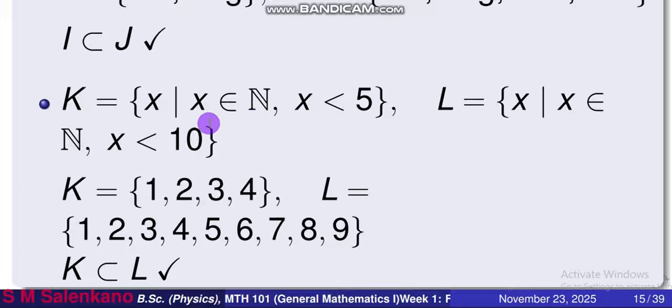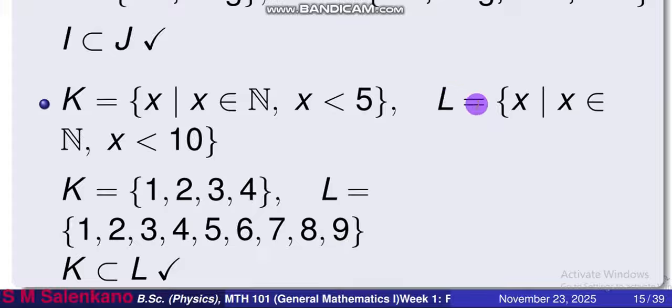So K starts from 1 to 4: 1, 2, 3, 4. 1 is a natural number and is less than 5. So is 2, so is 3, so is 4.